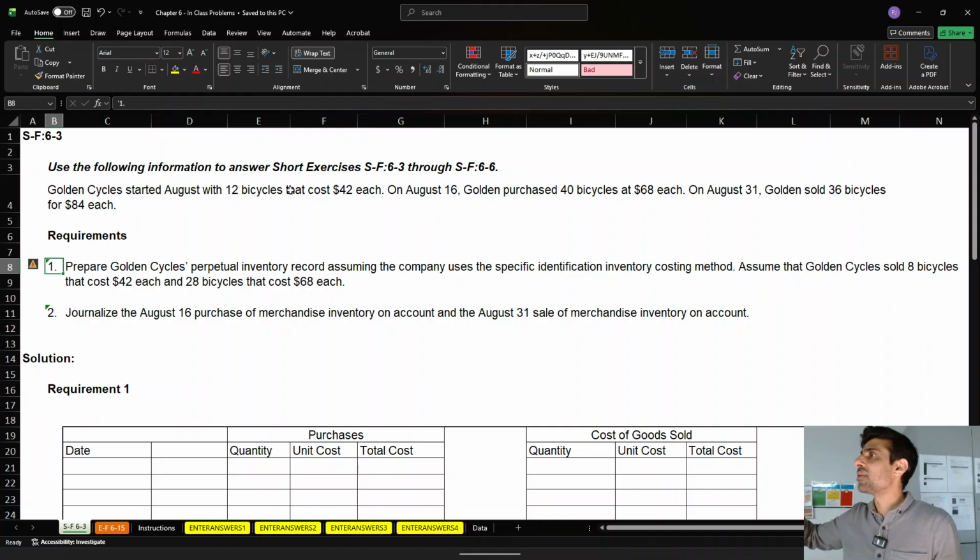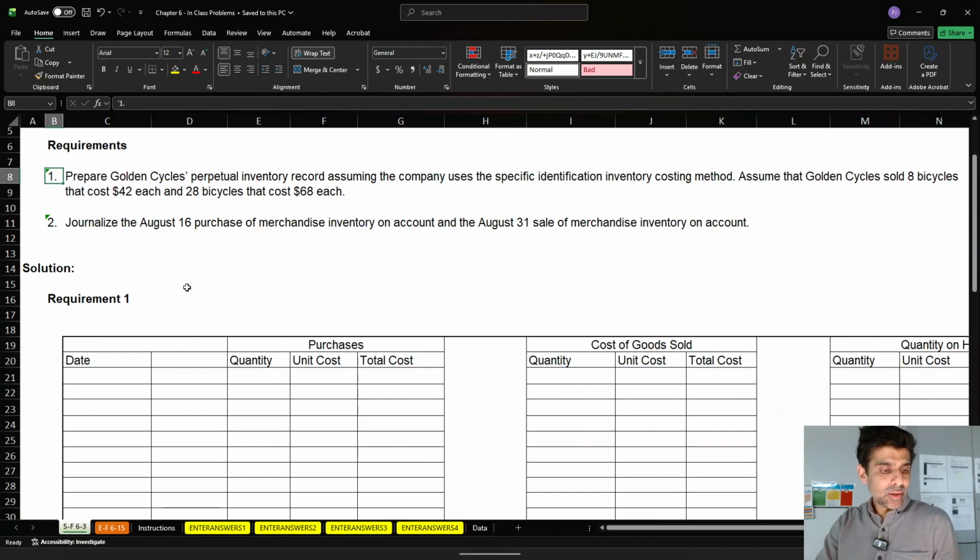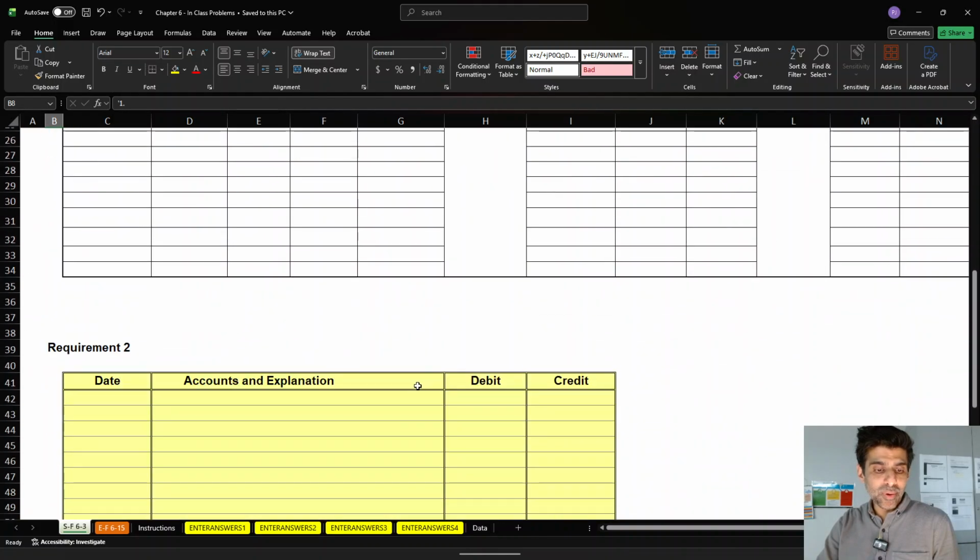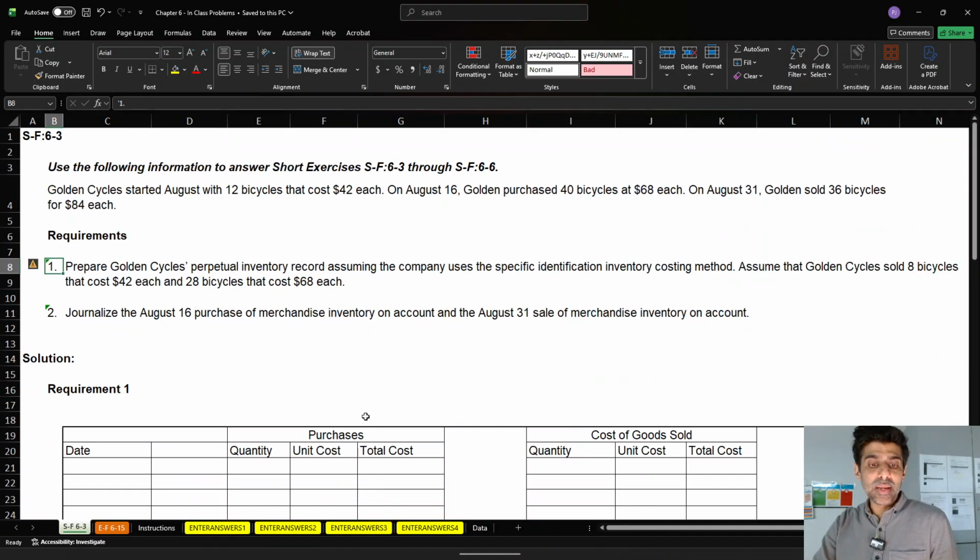So you'll have to use specific identification to fill out this table and then do the journal entries, like what I was doing on the board. Just read very carefully what they're asking, read the different values that they're giving you, and try to figure this out.